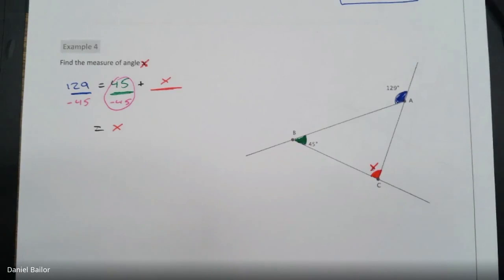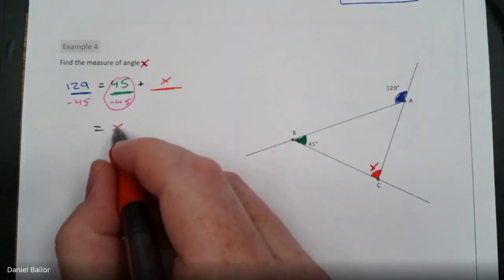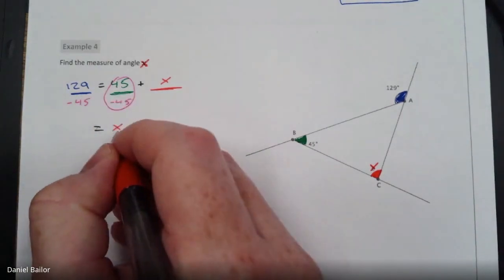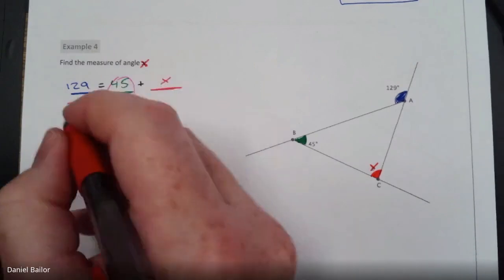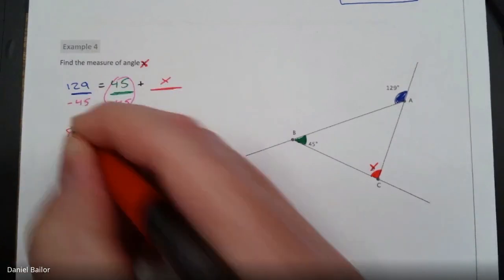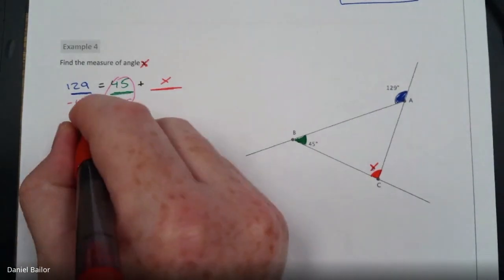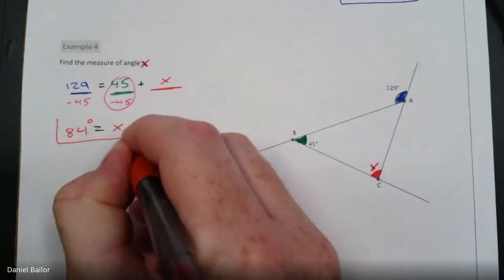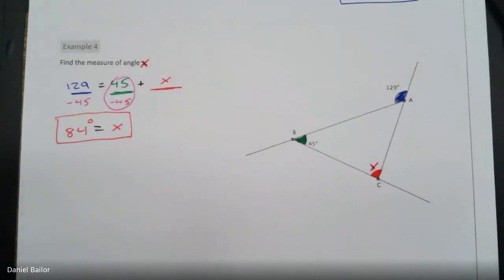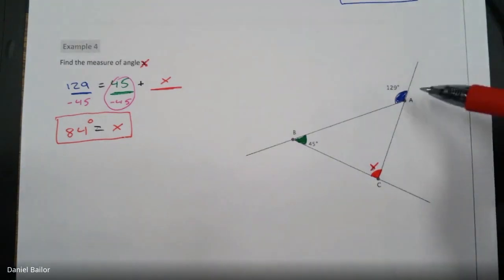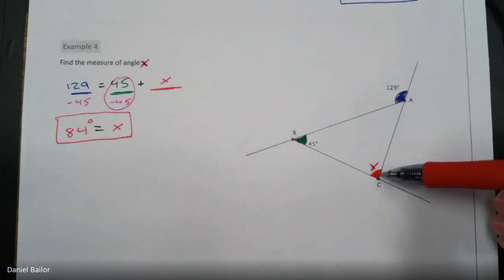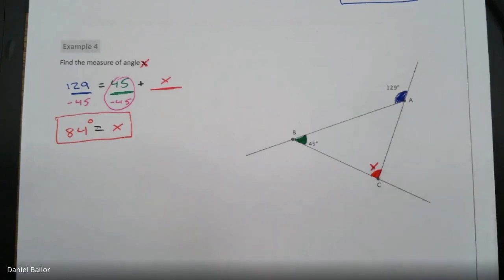So I find out that x, after I do minus 45, the missing piece to make 129 is 84. X is 84. 84, remember, degrees. So x is 84 degrees. This was using the same shortcut, just a little bit backwards. Instead of finding the outside one, I found one of the inside pieces. It's the same shortcut, just a little backwards.